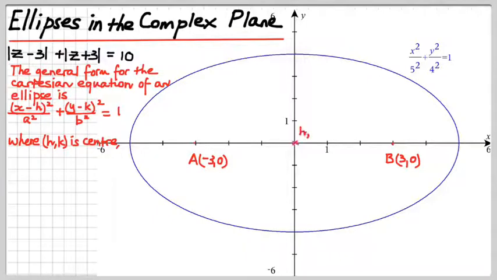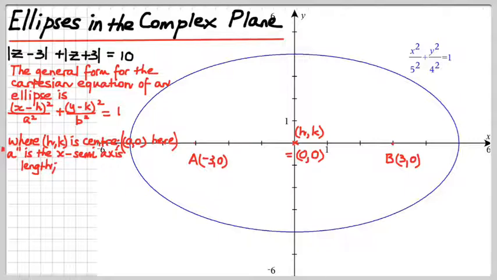So there it goes. Now in this instance, H and K happen to be the origin, but they don't necessarily have to be if the thing is off centre, okay? A is the X semi-axis length, right? Which used to be the old radius, but in the X direction, and that's 5 in this case. Yes, I've marked it in.